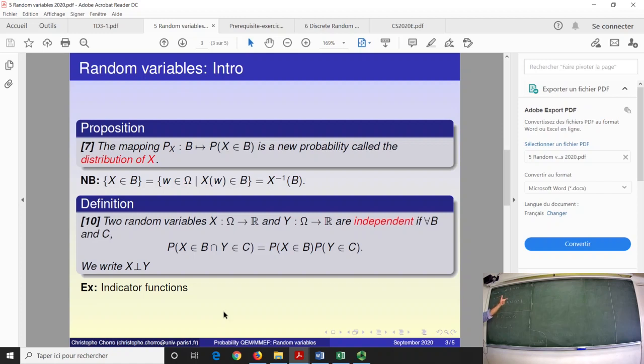We have the probability of an intersection that has to be equal to the product of probabilities, but in fact it has to be okay for any preimages here.